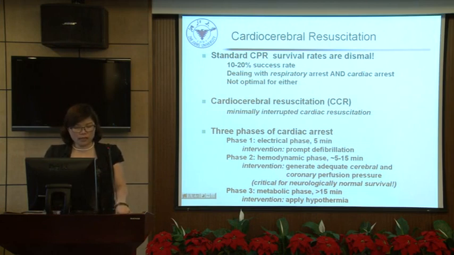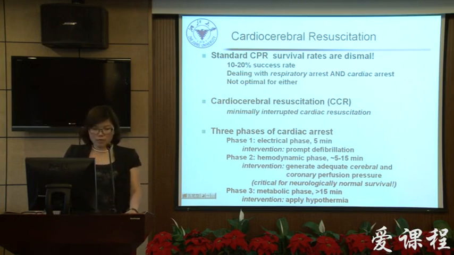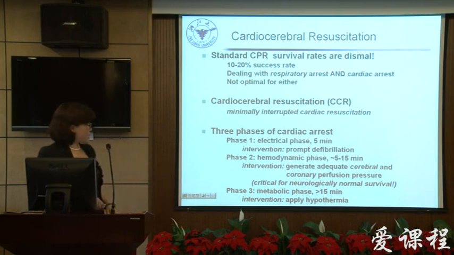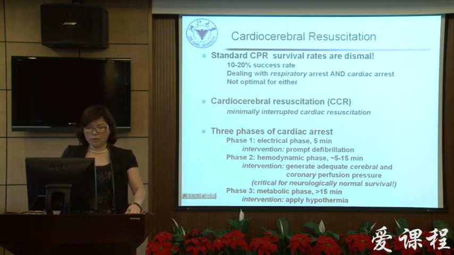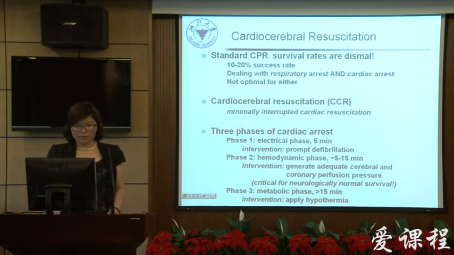So at this time, we should maintain hemodynamic stability and give enough blood perfusion to the brain and heart. And phase 3 is the metabolic phase, more than 15 minutes. The intervention is to apply hypothermia.